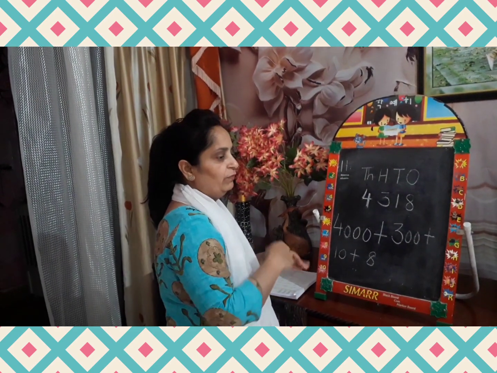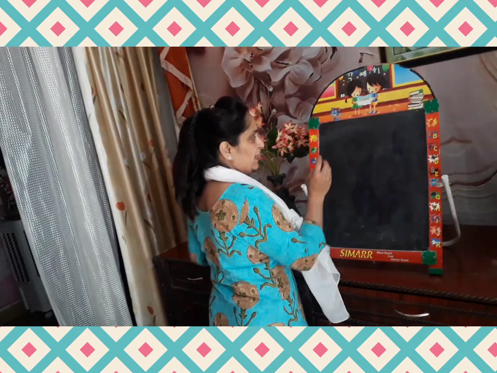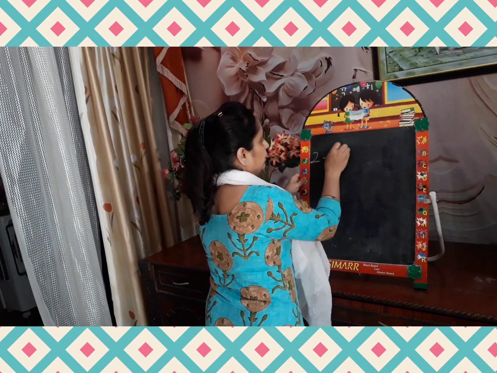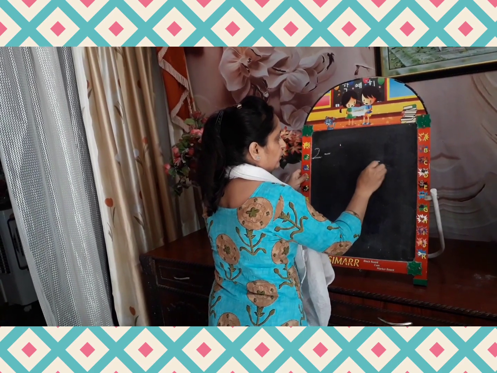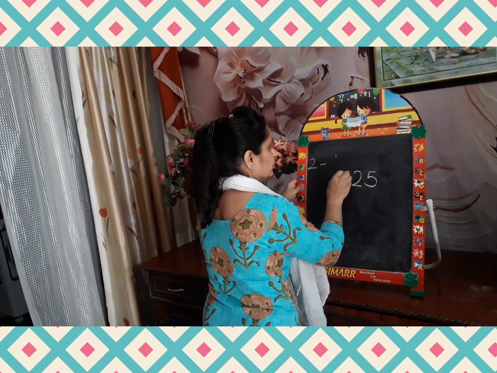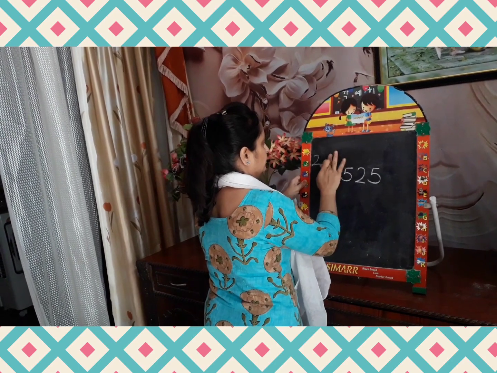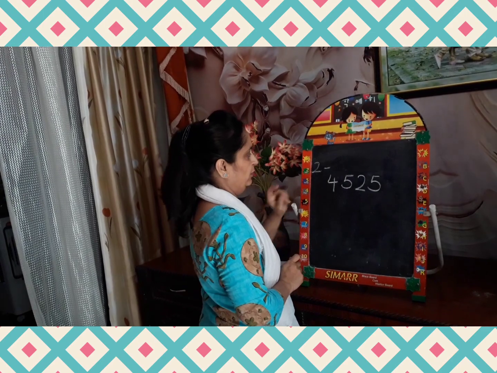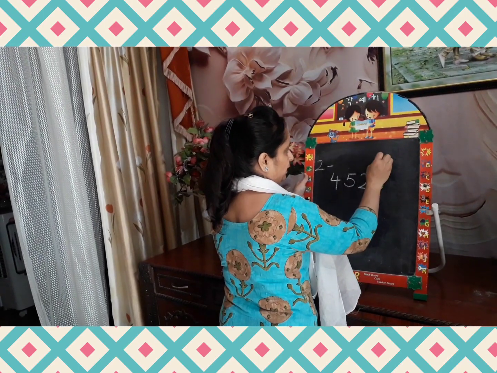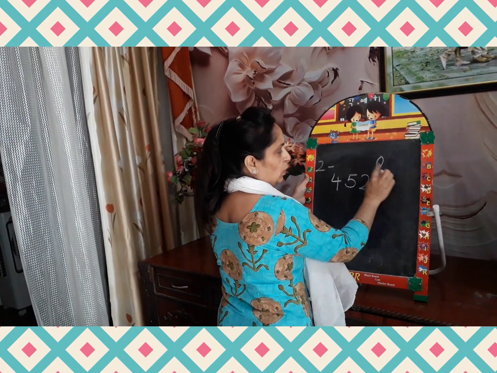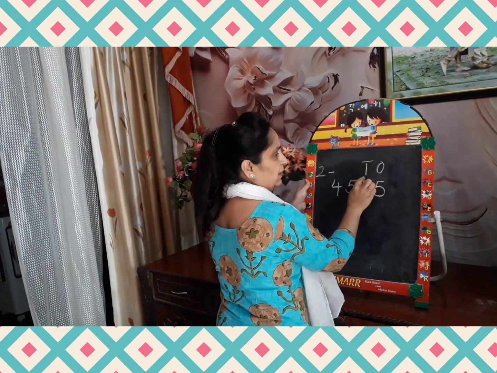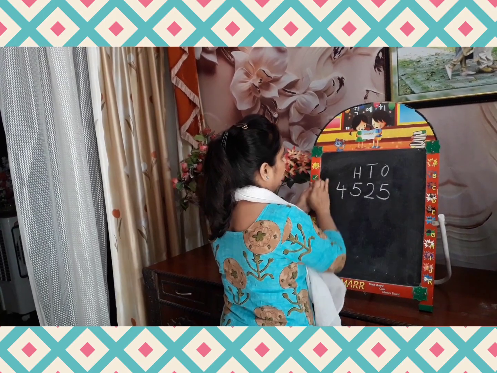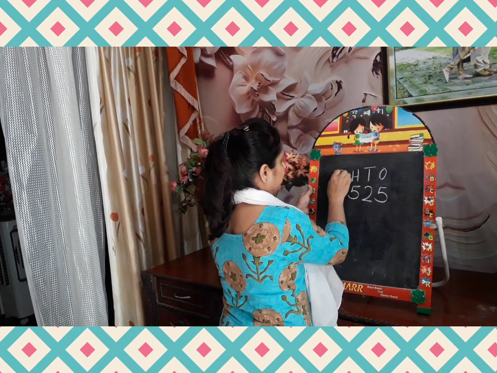So we will continue with some more examples. The next sum in our book, the second sum, is 4,525. First of all we write the place values. 5 is at the ones place, 2 is at the tens place, 5 is at the hundreds place, and 4 is at the thousands place.